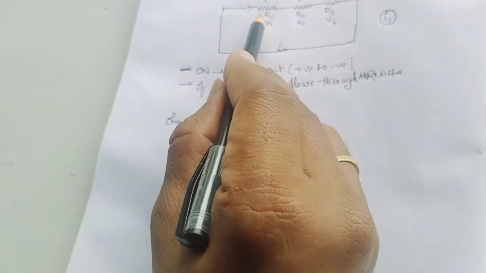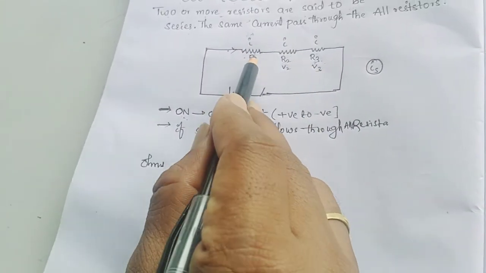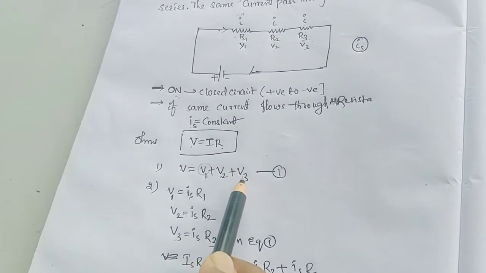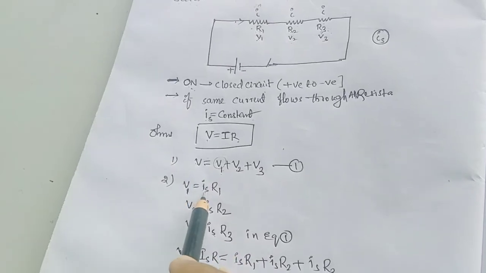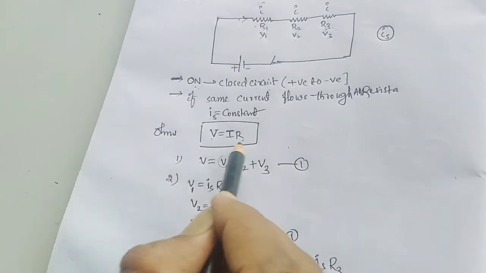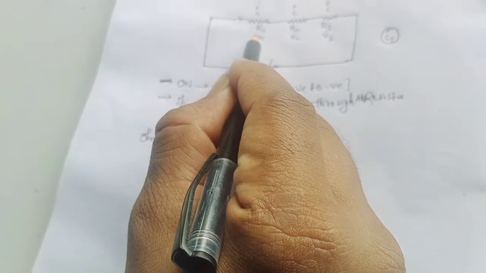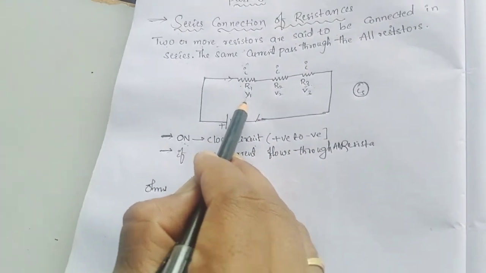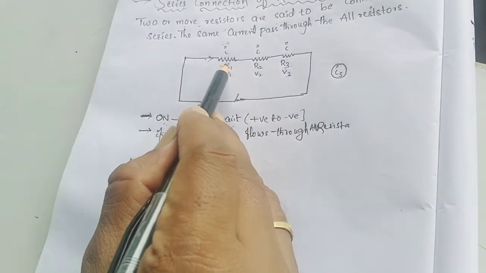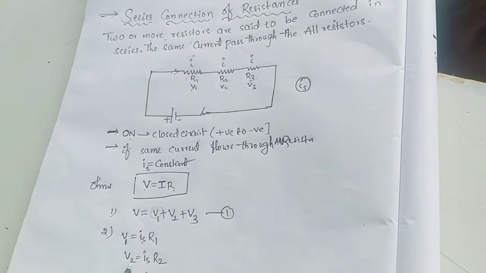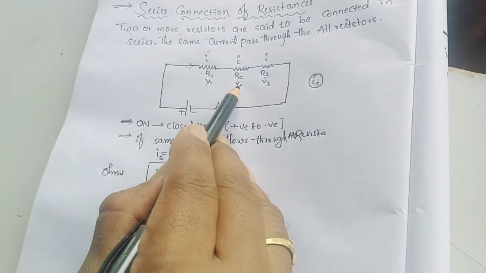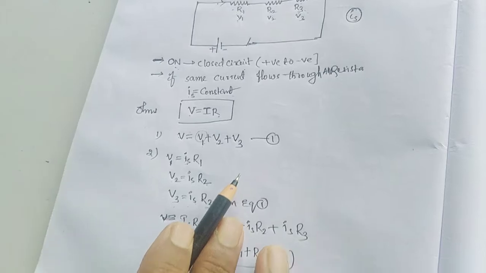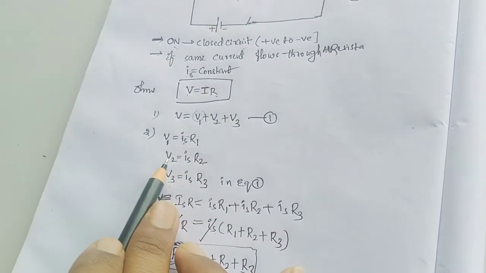Each resistor has its own potential difference. So V is equal to V1 plus V2 plus V3. Applying V is equal to IR to the first resistor, V1 is equal to Is R1, Is being stable. V2 is equal to Is into R2 for the second resistor, and V3 is equal to Is R3 for the third resistor.